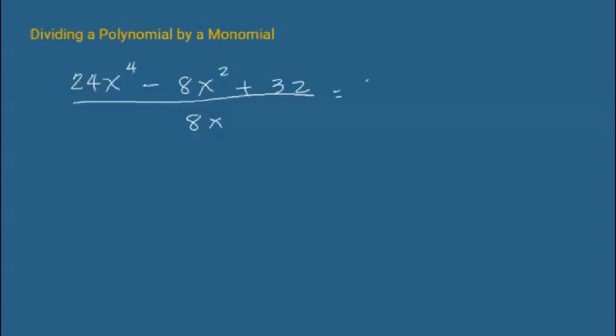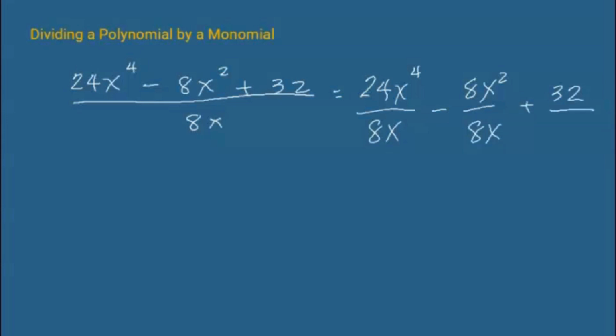So we have 24 x to the fourth divided by 8x, minus 8x squared divided by 8x, plus 32 divided by 8x. Then we simplify each term by applying the laws of exponents.